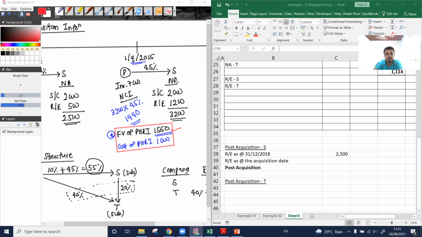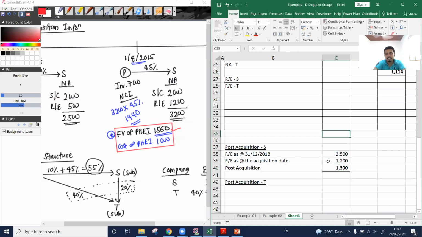The S Limited is becoming a subsidiary for us, right? On that date, their retained earnings value was 1,200. So the value we need to consider here should be 1,200. As at the acquisition date, they had retained earnings worth 1,200. So what should be the post-acquisition amount?